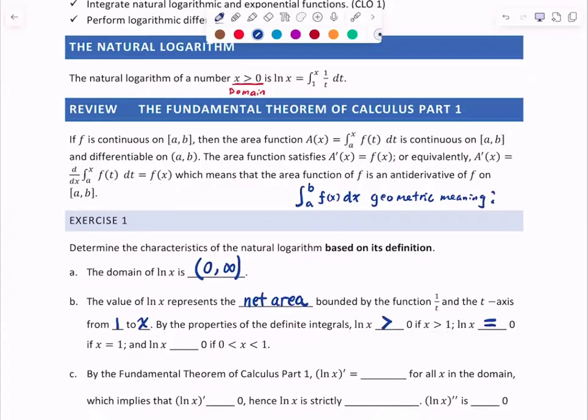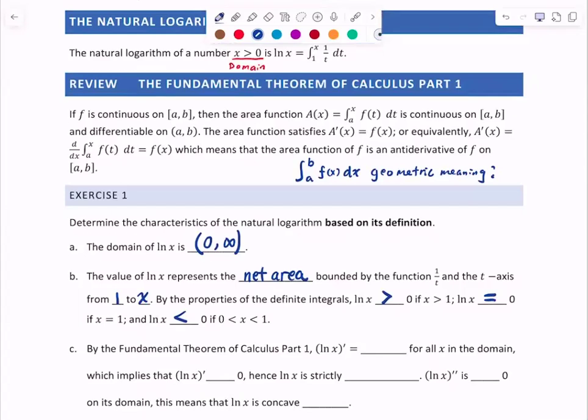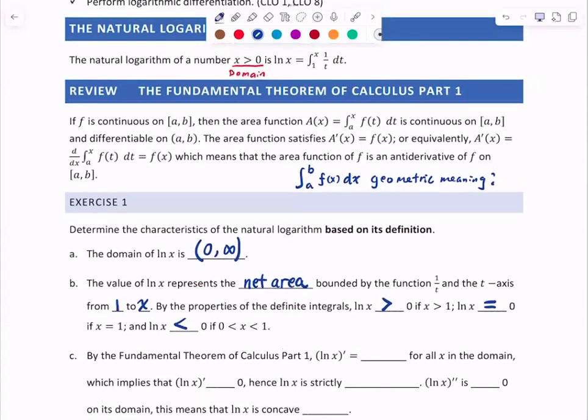Okay, and it's going to be less than 0 if x is strictly between 0 and 1. So these are the facts that you know, based on the previous knowledge, but now we are looking at in terms of calculus, and why these are true, right? And also the meaning of the values for any element, they actually represent the net area.